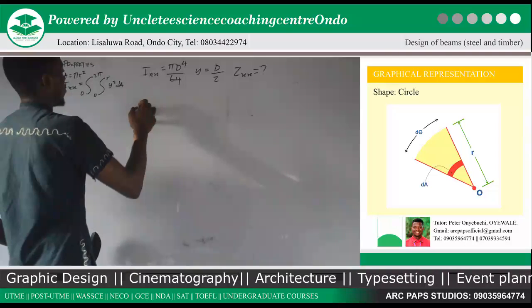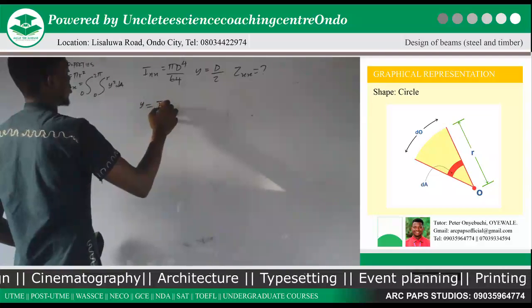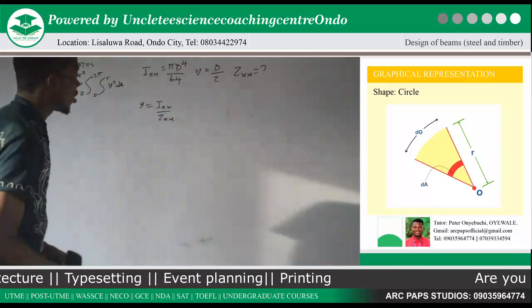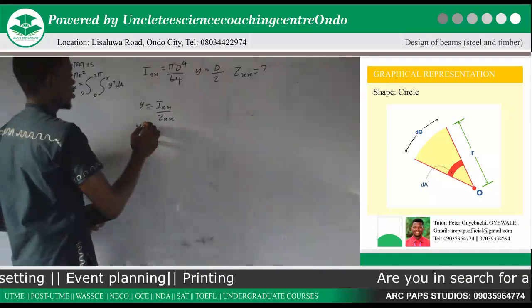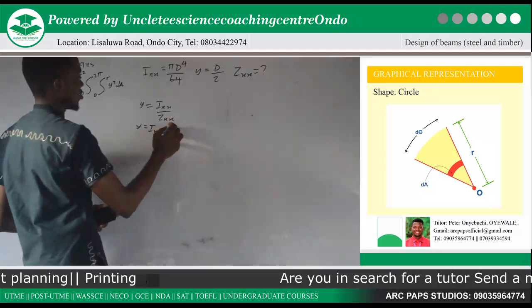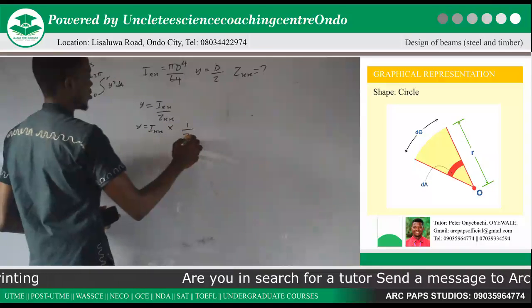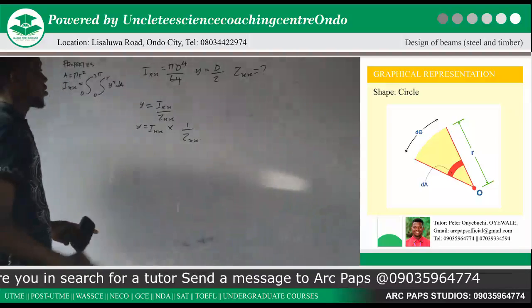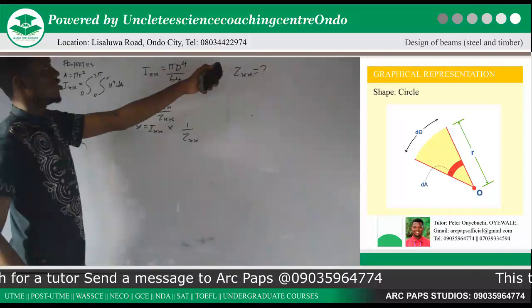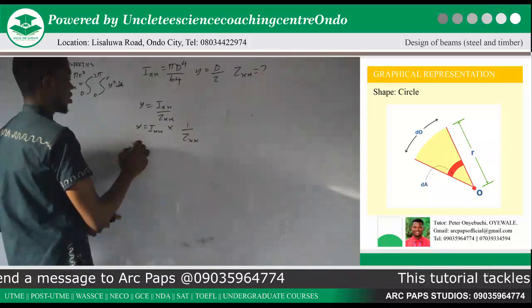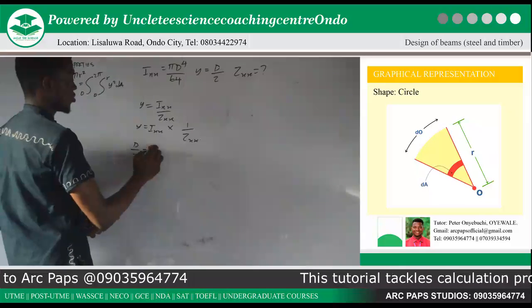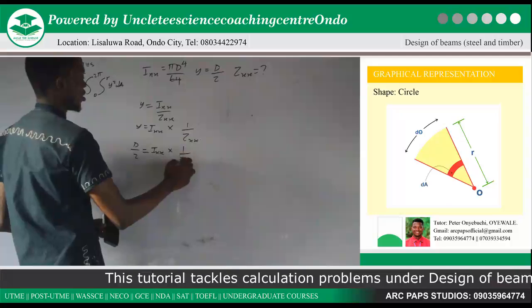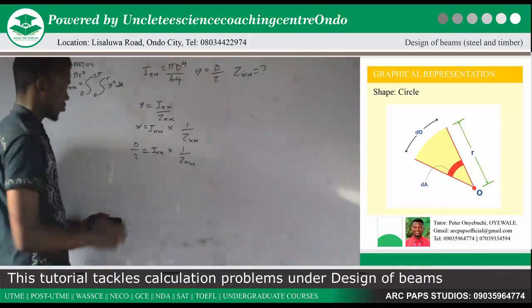Now we have gotten our Ixx to be equal to pi d raised to power 4 over 64, but y is equal to Ixx over Zxx. Now our y is Ixx times 1 over Zxx, but our y is d over 2, so it means d over 2 is equal to our Ixx, okay, let's still leave it as Ixx times 1 over Zxx.